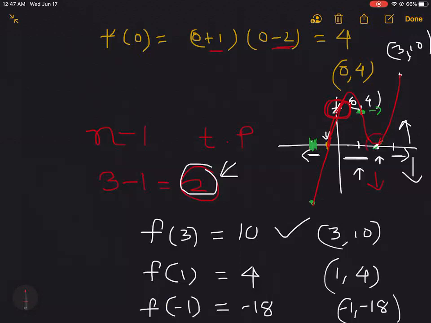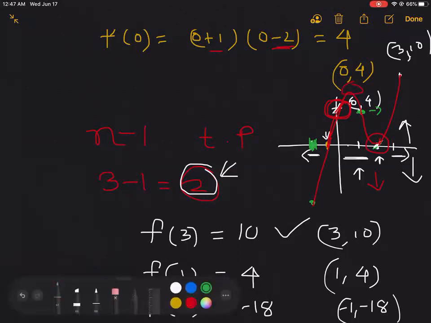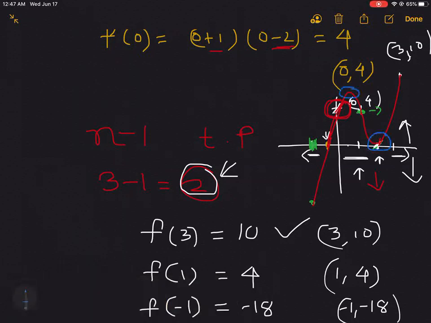These are the turning points, as you can see here as well. We have 2 turning points here, and that's our graph. So you can use this to graph a particular function, okay?